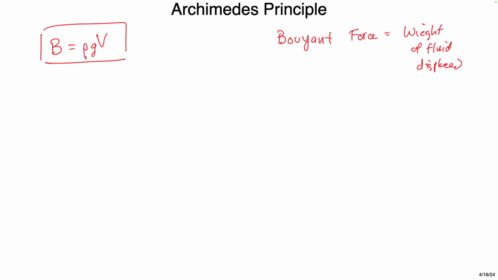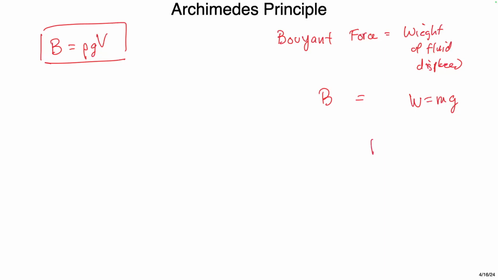How do we calculate weight? If we know the mass of something, how do we find the weight? mg, right? So weight is equal to mg. So the buoyant force should be equal to the weight, the mass of the fluid times little g. But we don't use the mass of the fluid, because that can change. We're going to use density instead. But we can't just swap m for rho. That doesn't work.